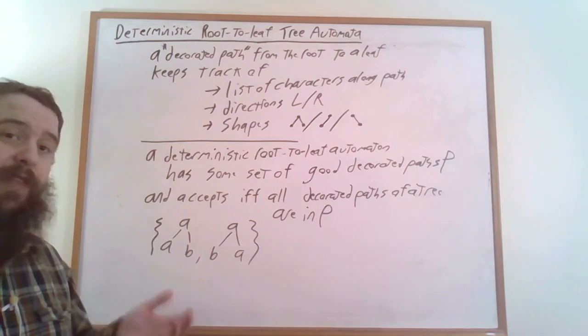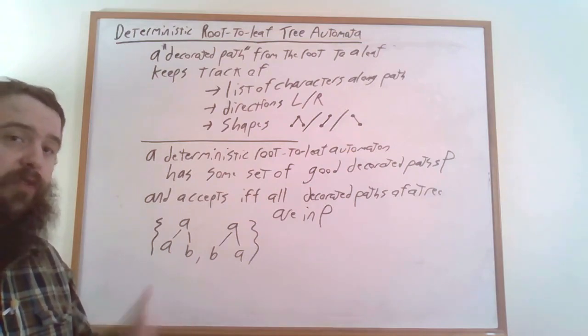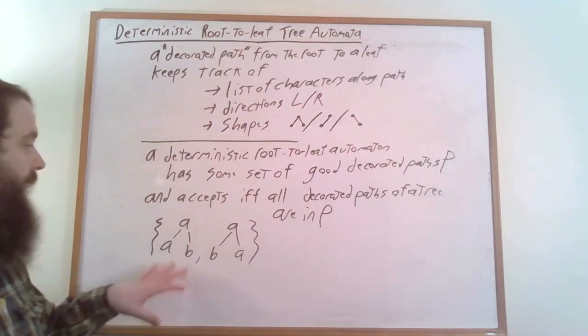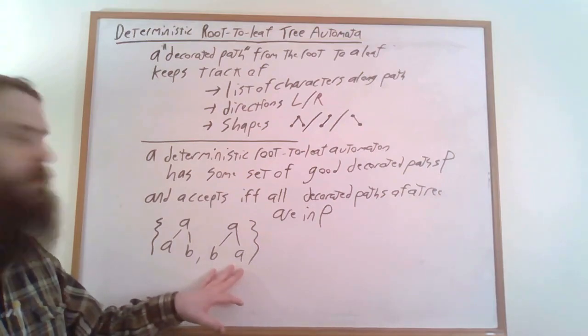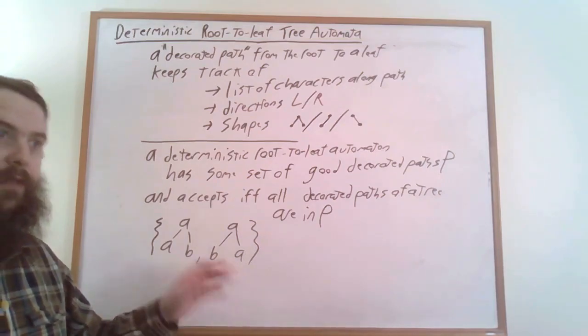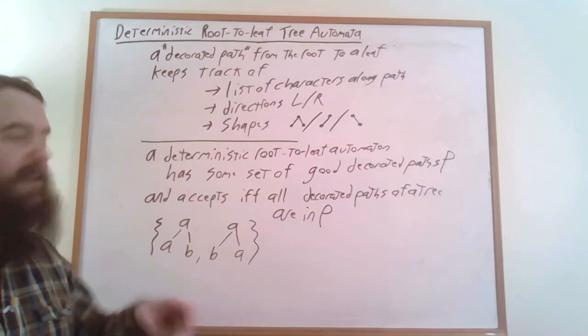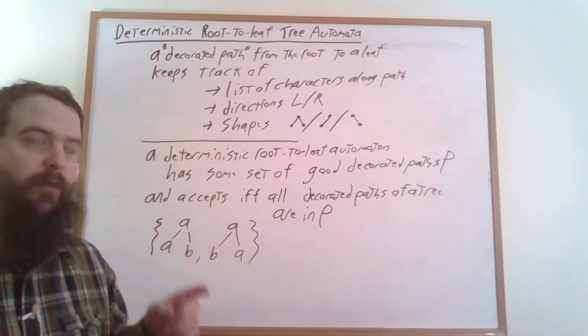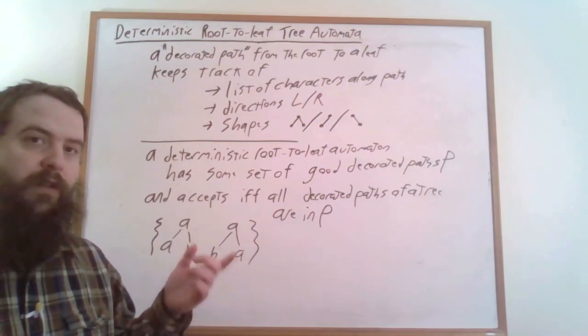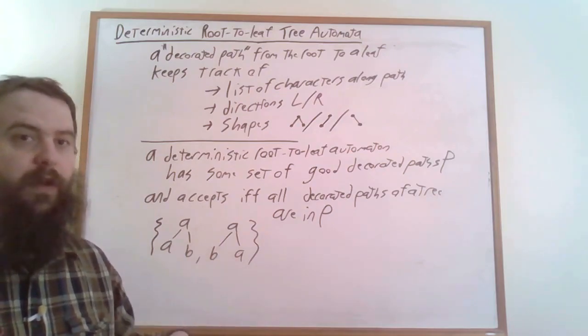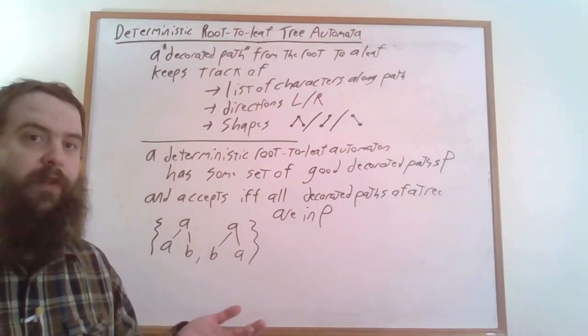And so one hopes that exactly the same thing is true for tree automata. One hopes that any finite collection of tree words can be the set of accepted tree words of a particular automaton. And this is actually true if we're talking about deterministic leaf-to-root tree automata or non-deterministic tree automata.